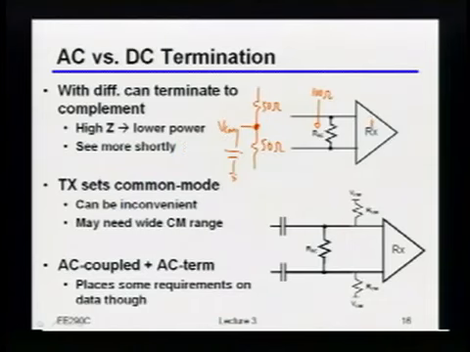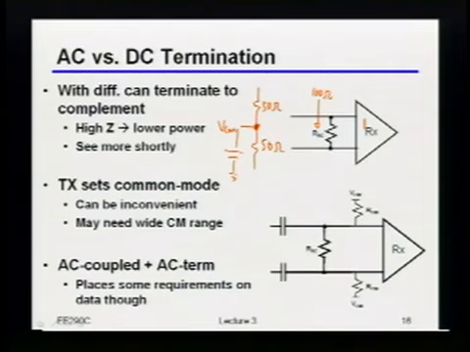It turns out you can even have the flip problem as well, which is probably even more common: most of the things out there are shared ground, but separate supplies. So if I end up tuning the supply in one chip and not the other, I could very easily tune the supply in my transmit chip to fall out of the common mode range of my receiver.